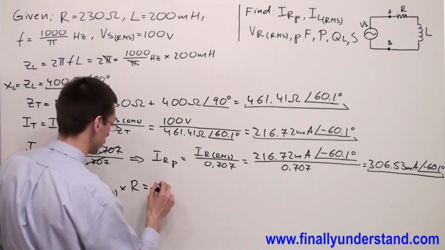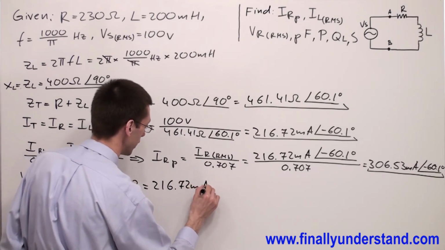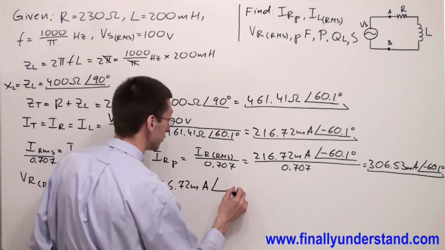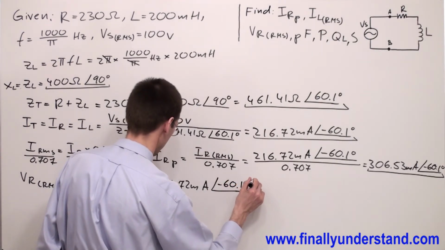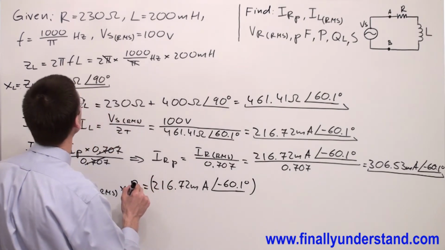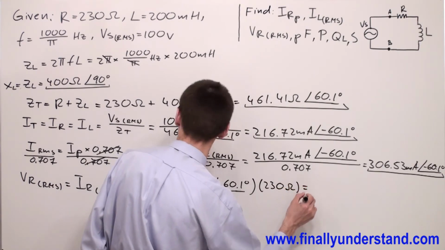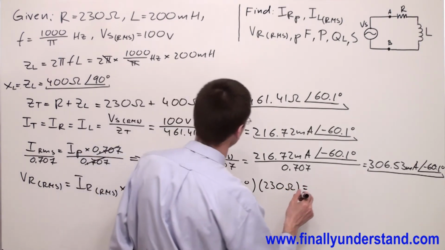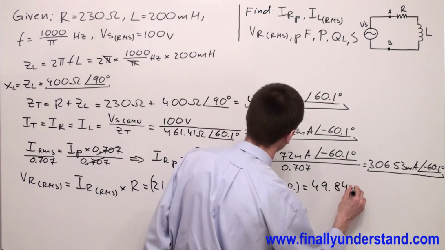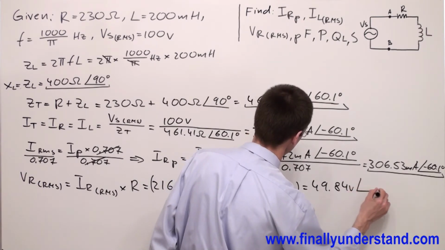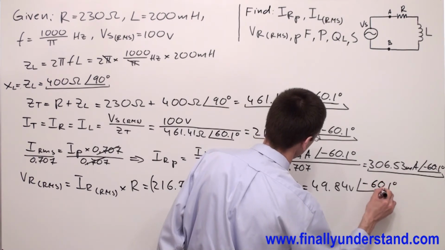So I have 216.72 milliamps and angle of negative 60.1 degrees times resistance, which is equal 230 ohms. This is equal 49.84 volts and angle of negative 60.1 degree.